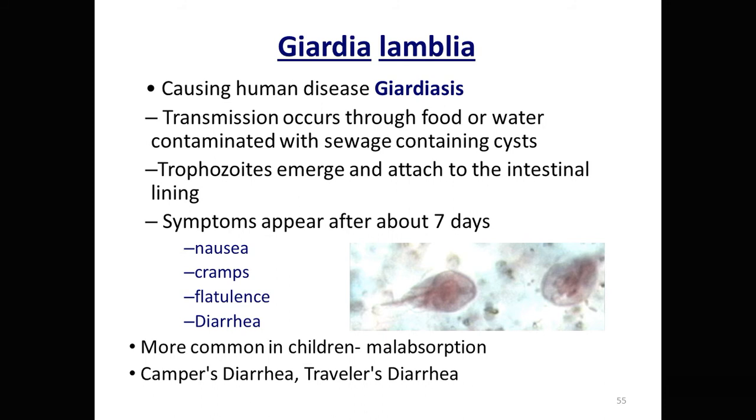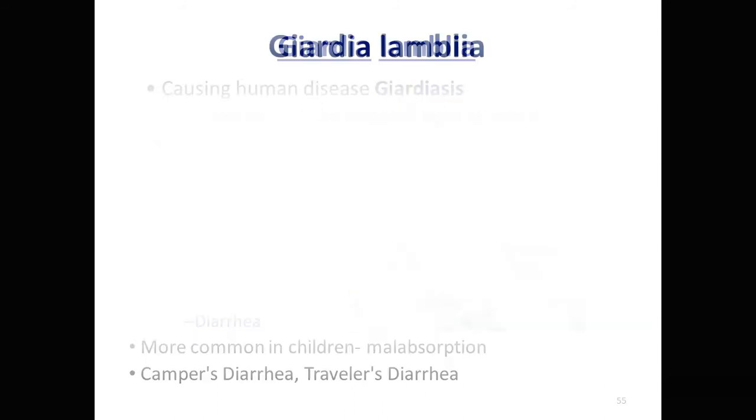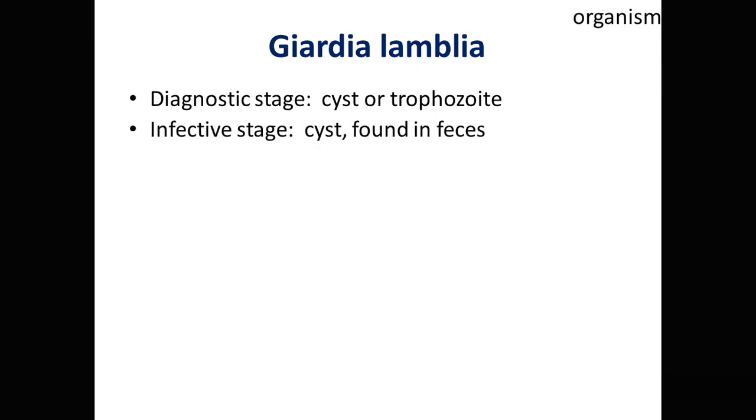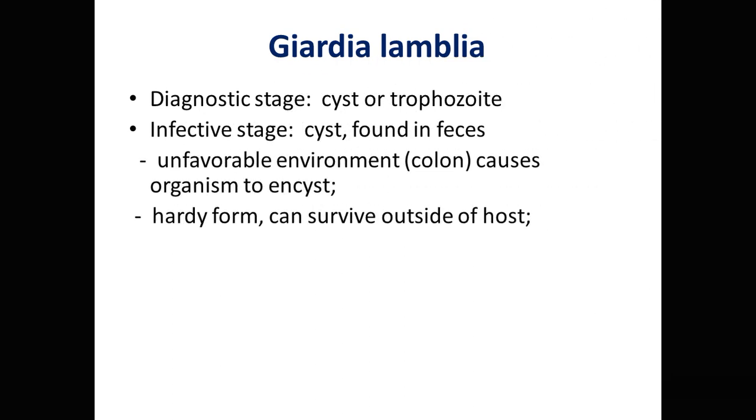This disease is very common in children, and also in camping areas, and it is also considered traveler's diarrhea because of poor hygiene conditions. In the field, people can quite easily be infected if drinking water is contaminated with animal feces.